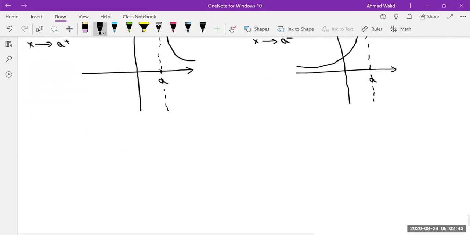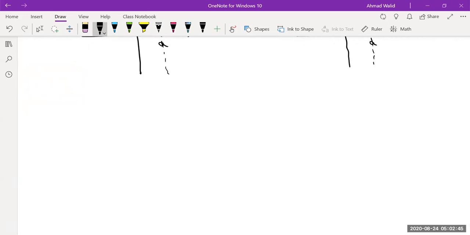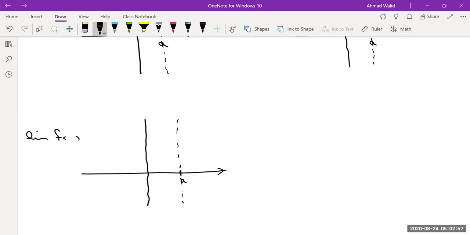Case 3, the limit of f of x as x approaching A from the right, your function can go like this, can go to negative infinity.